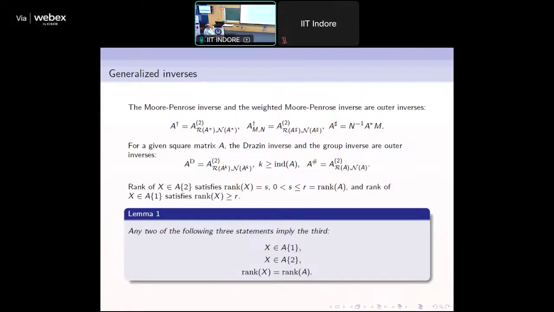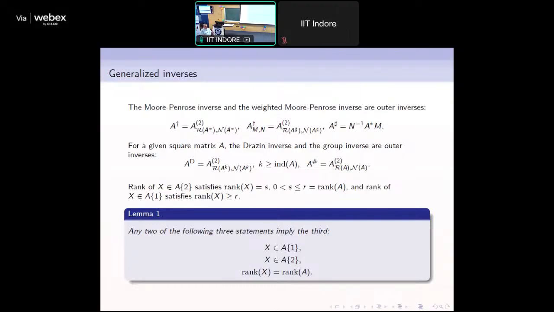Evidently, the rank of an outer inverse is less than or equal to the rank of A, because such an inverse satisfies matrix equation 2, and its rank cannot be bigger than the rank of A. Conversely, the rank of inner inverses is greater than or equal to the rank of A. And if the rank of X is equal to the rank of A, then such an inverse must satisfy both matrix equations 1 and 2.